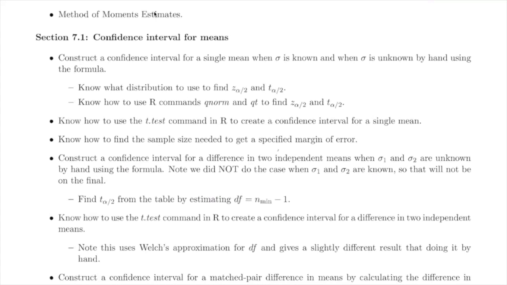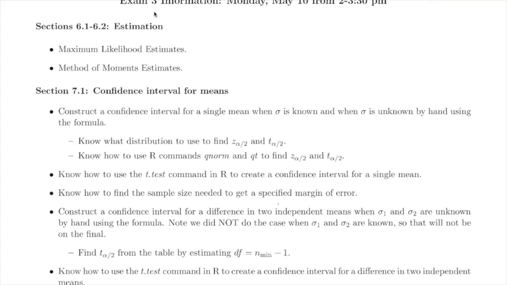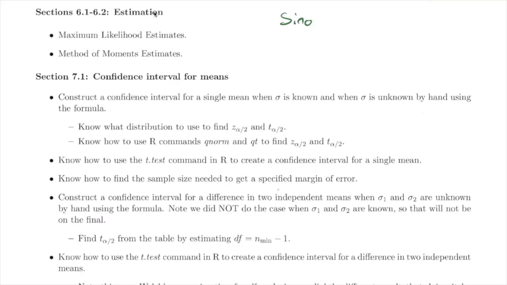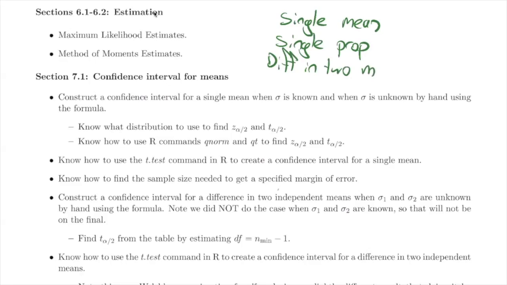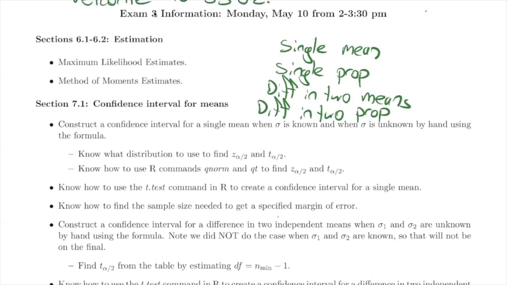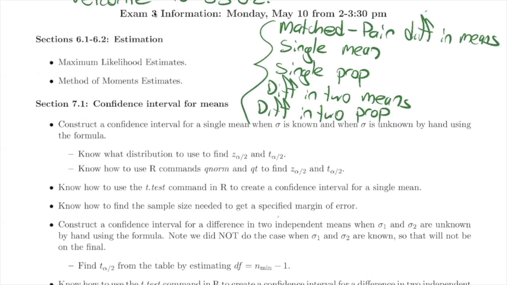And so for confidence intervals, I would be sure that you can do a confidence interval for a single mean, single proportion, difference in 2 means, difference in 2 proportions, as well as matched pair difference in means. So these were the main types of parameters that we were estimating.